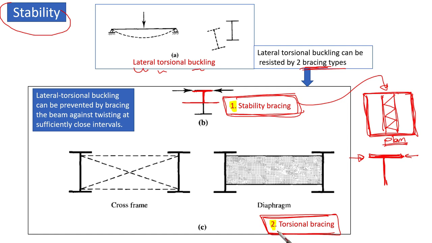The second type of bracing, we call it torsional bracing. In this torsional bracing, we are going to provide a diaphragm or cross frame, as you can see, which is going to control this part of the web, which is going to be restrained.